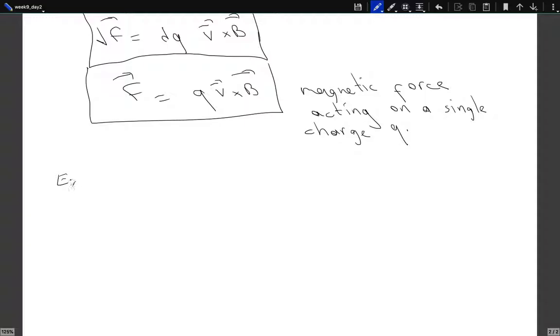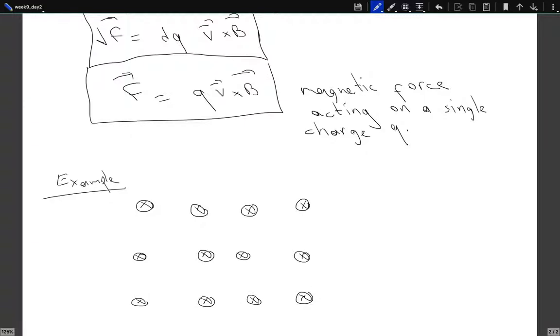Now this is an example. Again, let's assume we have a region of space where there is a uniform magnetic field. And in this region, let's assume that we have a single charge, Q, moving with a velocity v at a given instant.